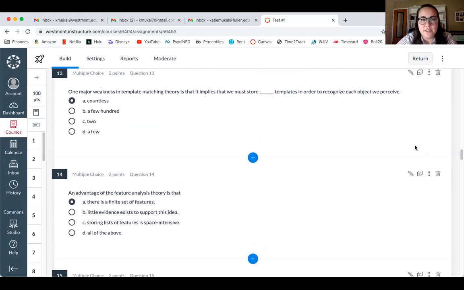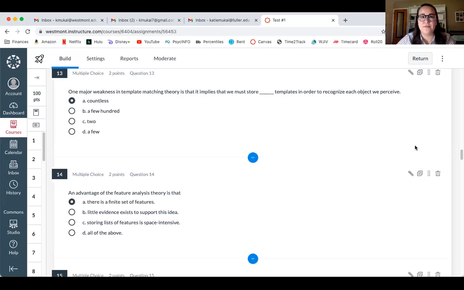And so for number 13, one of the weaknesses in template matching theory, if you remember, is this idea of a 1-to-1 ratio: every time you see a letter A, you store that one instance. And so the issue here is countless templates, right?